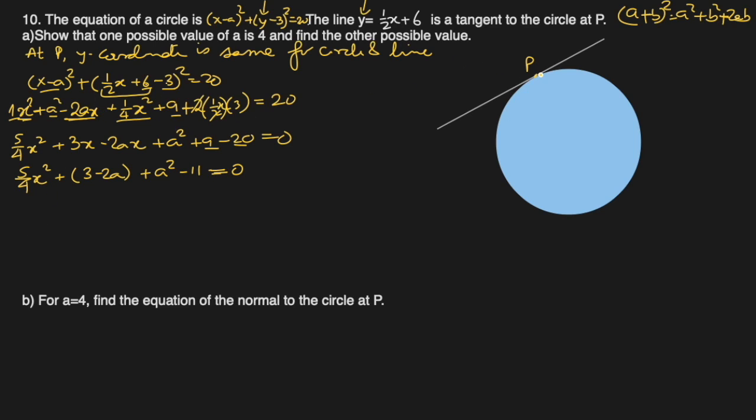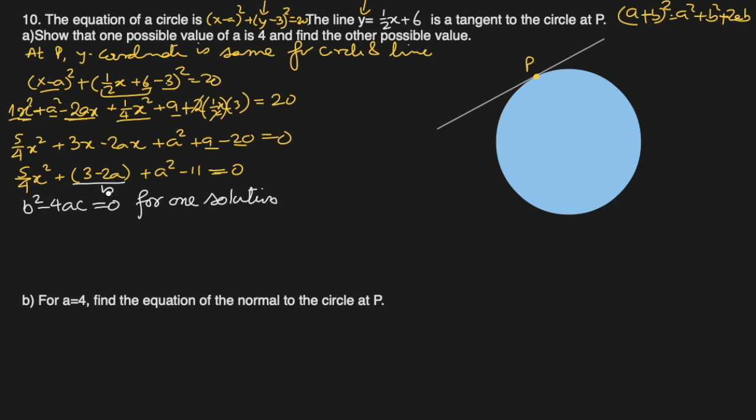Now we know that for a tangent, the line and the circle meet at only one point. That means this quadratic equation will have only one solution, and the discriminant b squared minus 4ac is equal to 0 for one solution. So we'll do that here.